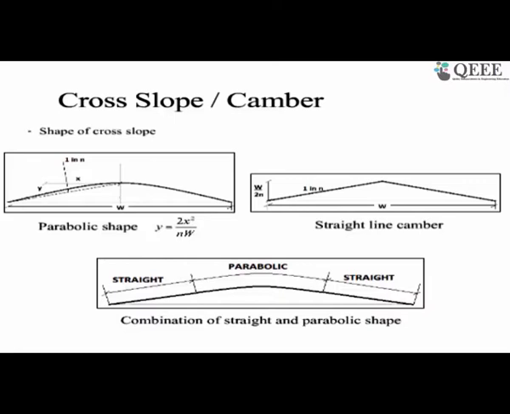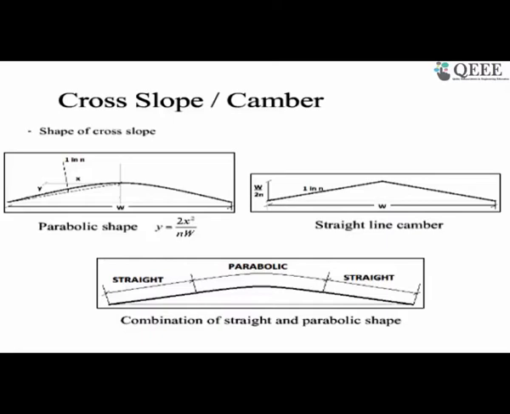Now if the pavement is made of bituminous material, you will see mostly it's of parabolic nature, because bituminous material, when it is laid, can be easily shaped to this. Whereas when it is concrete, rather than parabolic, it is easier to shape it in a straight line camber.